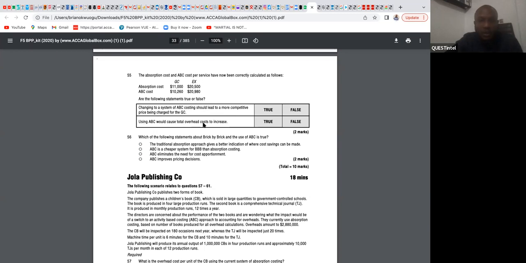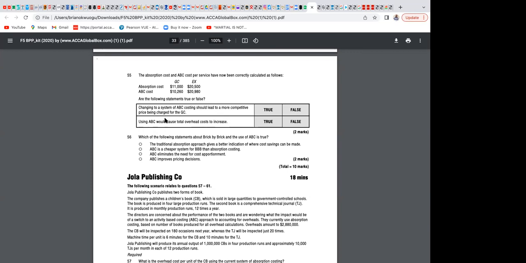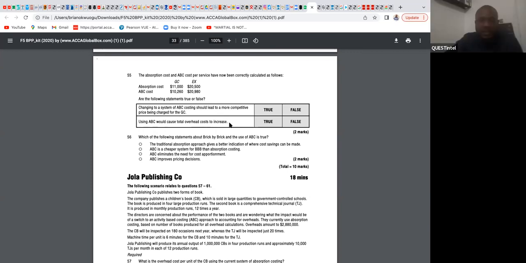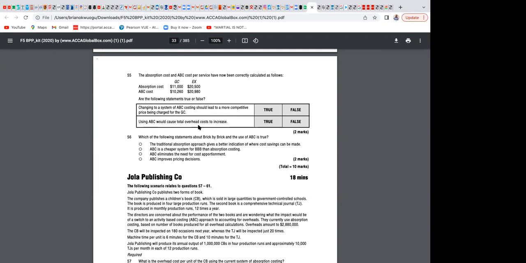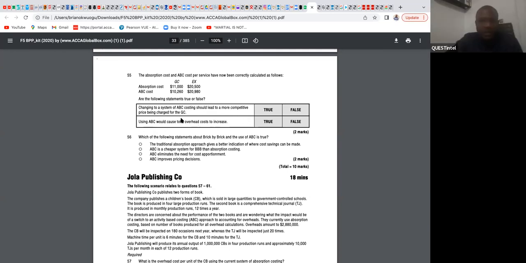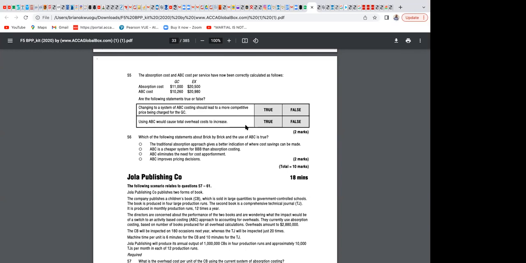Then using ABC will cause the total overhead cost to increase. True or false? False, because whether you use ABC or not, the overheads will remain the same. I think we said that yesterday. It's just the complexity of the process that changes. So that's a false statement. So first true, second false.